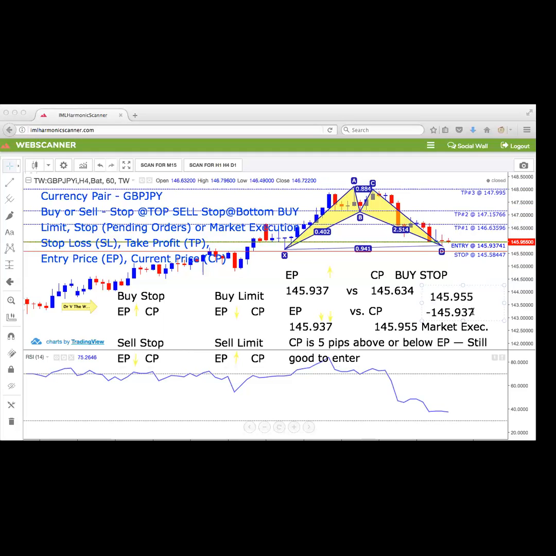Those are pipettes, or micro pips. Yes. If you counted it, it would be something point something. So when you do the 5 minus 3, you said, well, that's only 2 pips. That's a 2 pip differential.